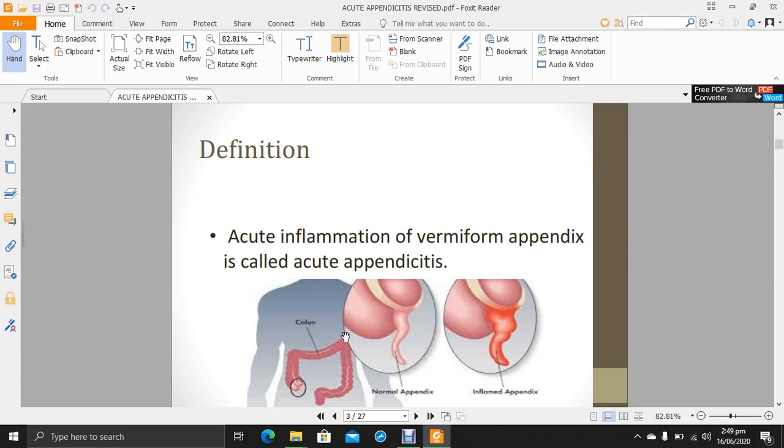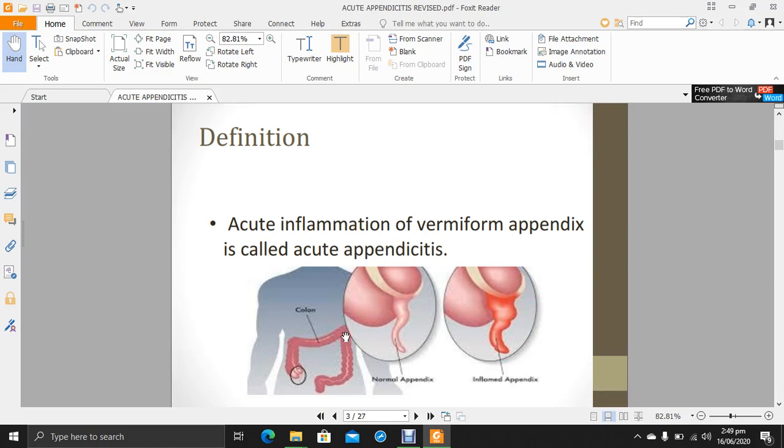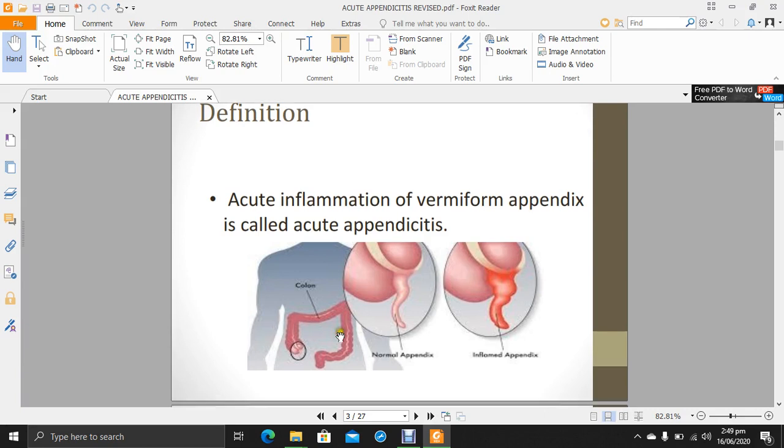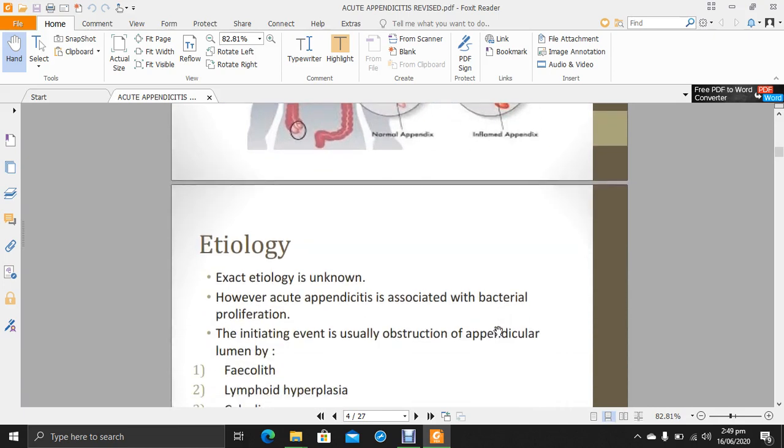It is called acute appendicitis. So if you compare this, the appendix lies at the cecal level and is attached to the cecum, and this is the panoramic view of the appendix. This is the normal appendix, and this is the inflamed appendix. That is what we call acute appendicitis.